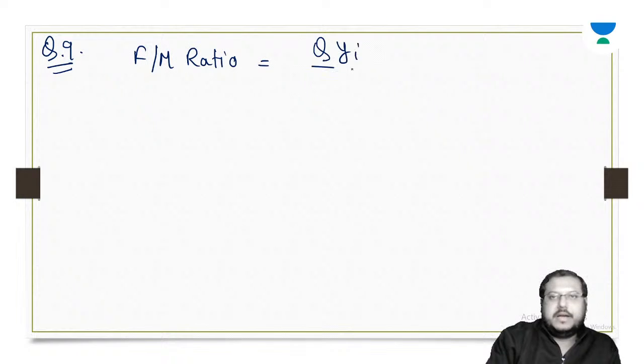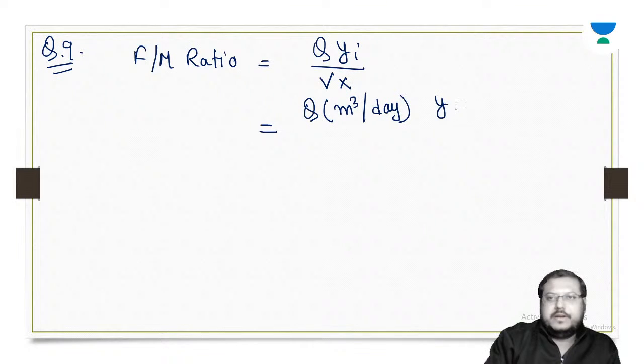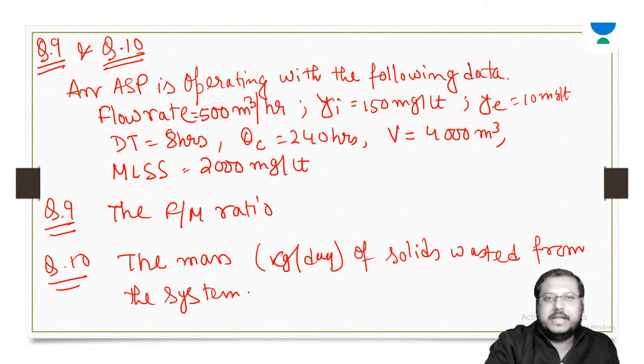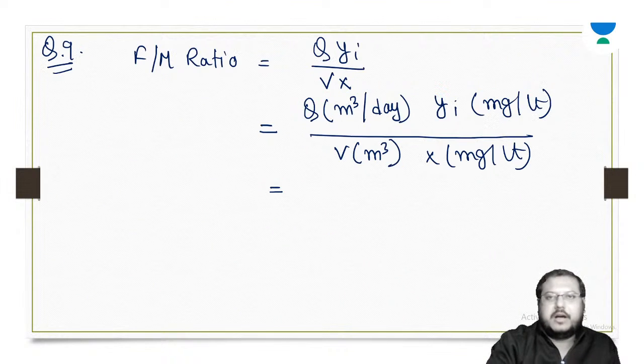It's QYi by Vx, where Q has to be in meter cube per day, Yi in milligram per liter, volume in meter cube, and X in milligram per liter. So Q is given as 500 meter cube per hour, into 24, then it's meter cube per day.